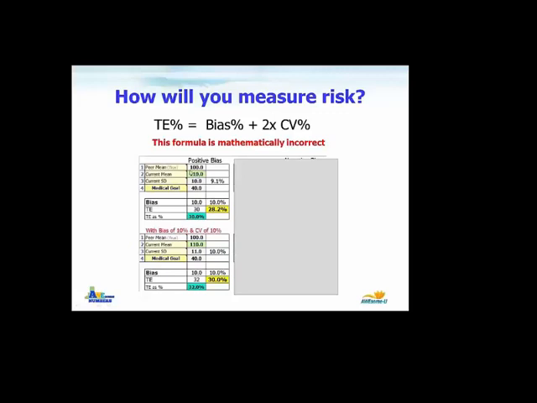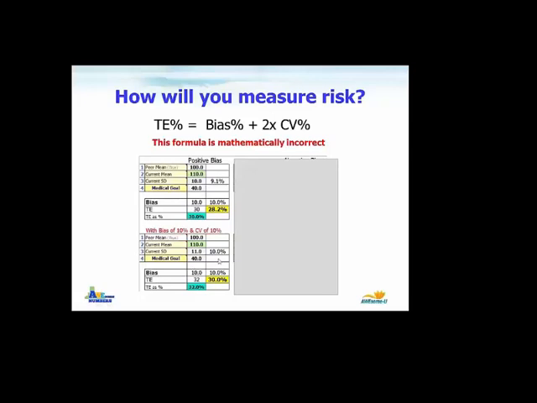If you have a method with a peer mean of 100, a current mean of 110, a current SD of 10, I took my medical goal out to 40, the bias is 10, the total error is 10, and sure enough, the total error as a percent is 30%. But if you calculate bias and CV and add them up, you don't get 30%.